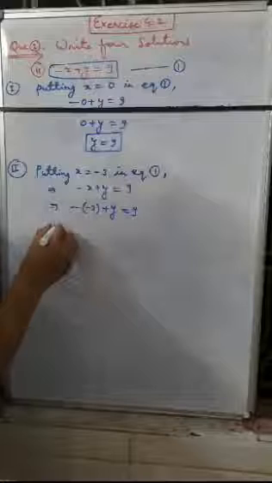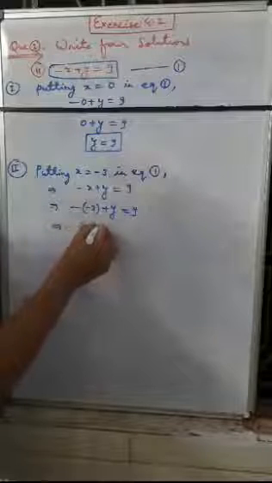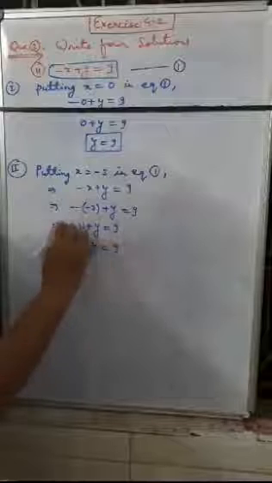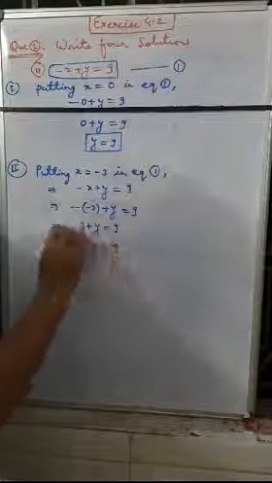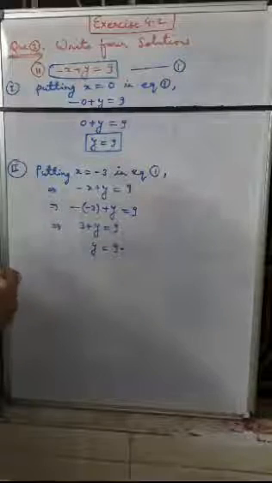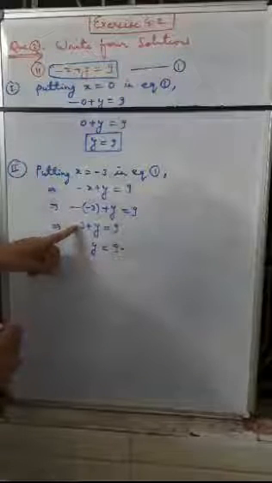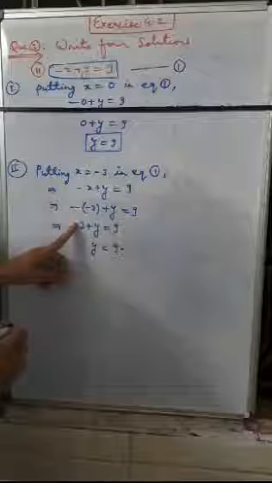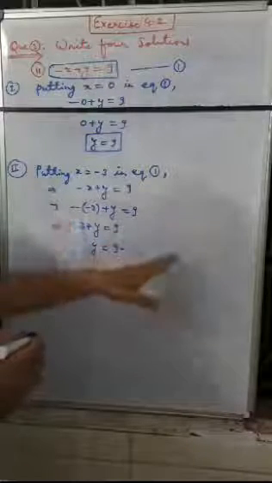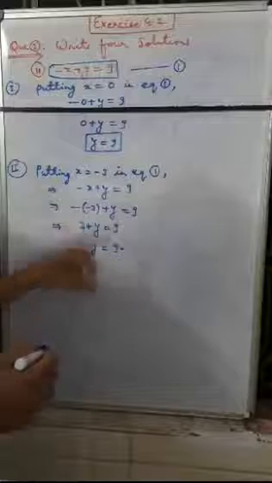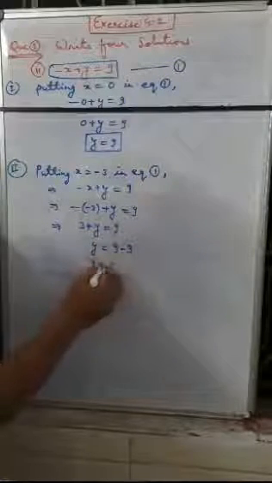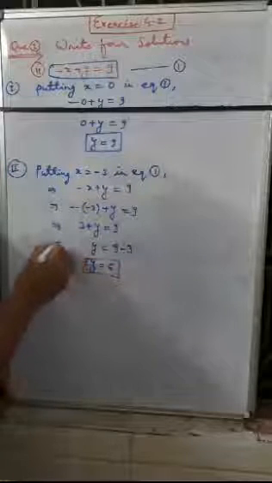So 3 plus y is equal to 9. So y is equal to 9, transferring 3 to the right hand side. There is a positive sign before 3, so if you transfer 3 to the right hand side, the sign becomes minus. So 9 minus 3 is equal to 6. So it is the second solution.